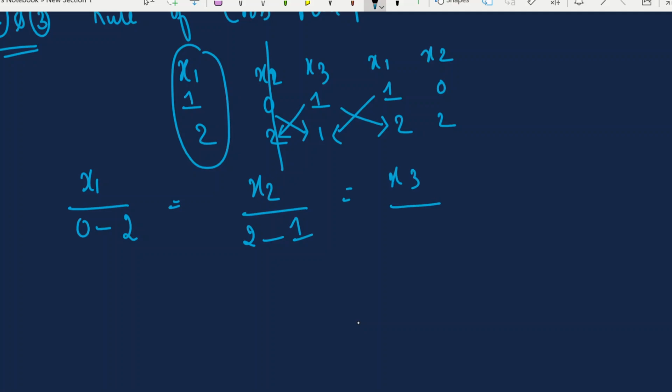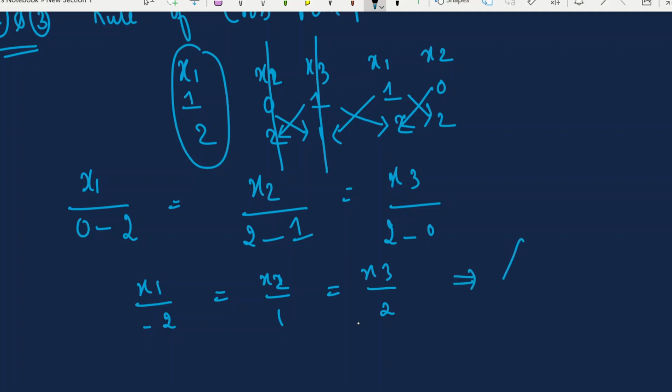And for x3, neglect x3 and consider these two terms: 1 into 2, 2, minus 2 into 0, 0. So x1 divided by negative 2, x2 divided by 1, and x3 divided by 2. So now our second eigenvector is x2 equals negative 2, 1 and 2.